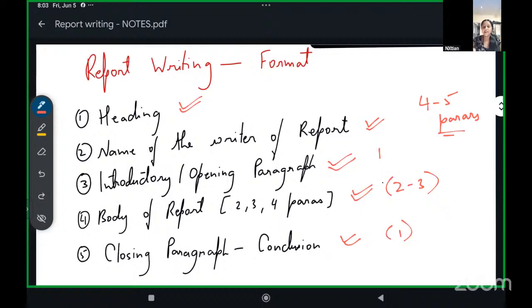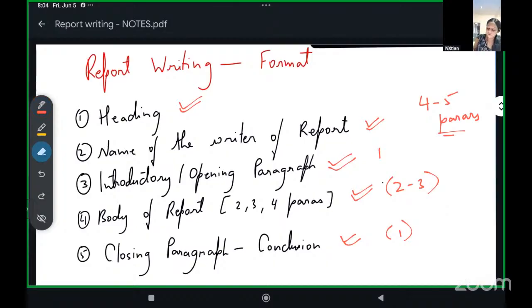If you get an 8 marks question of report writing, minimum 5 paragraphs. If you get a 6 marks question, 4 paragraphs: one introductory or opening paragraph, 2 paragraphs of the body, and the last paragraph for conclusion.